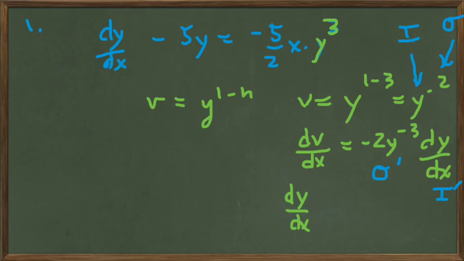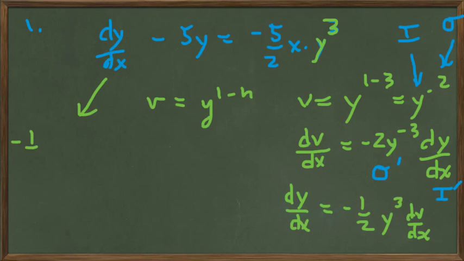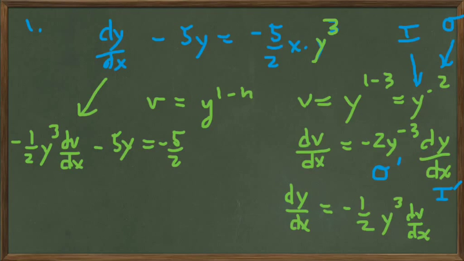Now we want to take that and solve it for dy dx, so we're going to multiply both sides by minus 1/2 y cubed, and that gives us dy dx equals minus 1/2 y cubed dv dx. So we take our dy dx and turn it into that, minus 1/2 y cubed dv dx, minus 5y equals minus 5 halves x times y cubed.